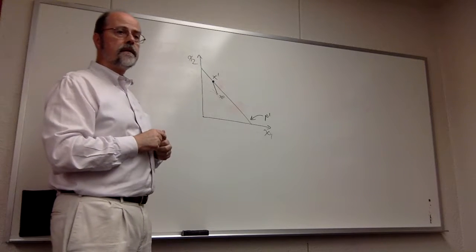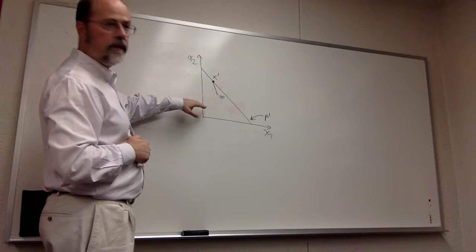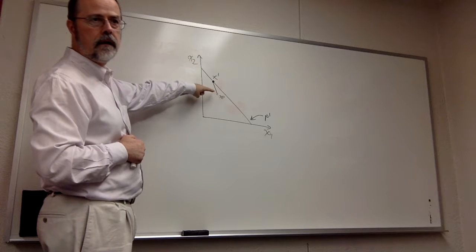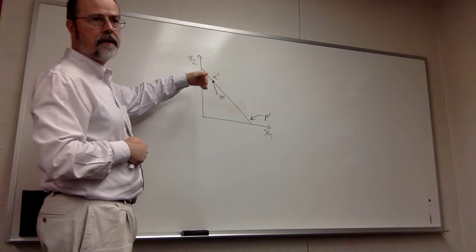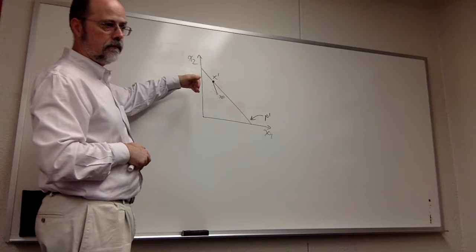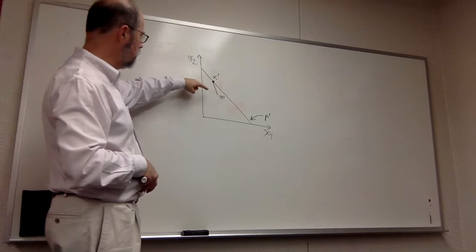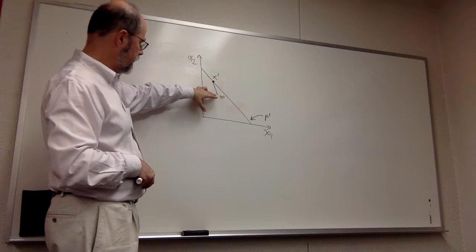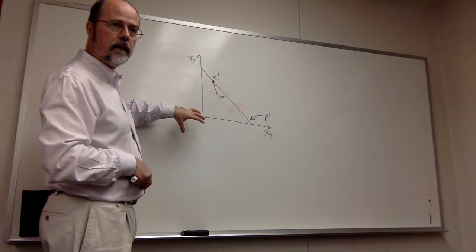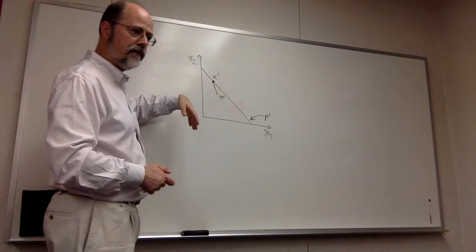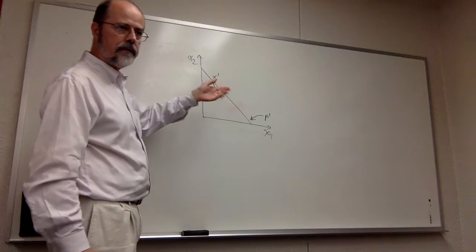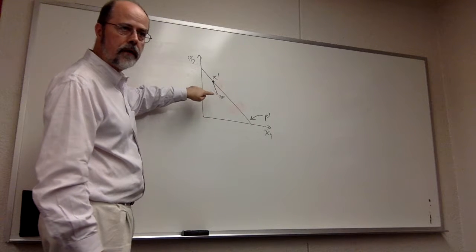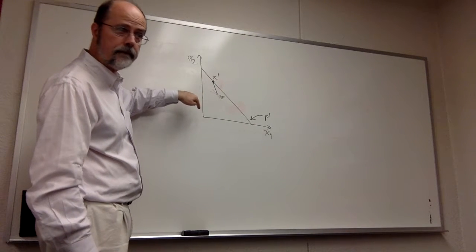Any points that are below the budget line that passes through x0 have been revealed preferred to x0. If you actually observe x0, then anything that is cheaper, for the same reason as before, is less preferred. I should have started with x0, but anyway, x0 is preferred to it.